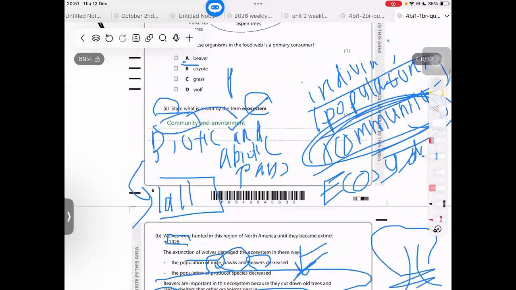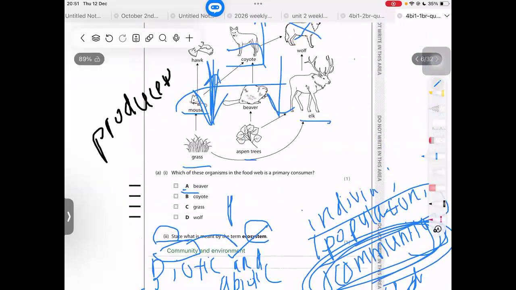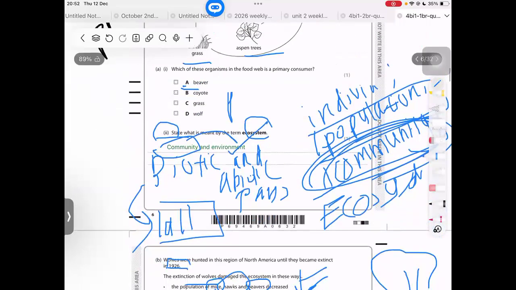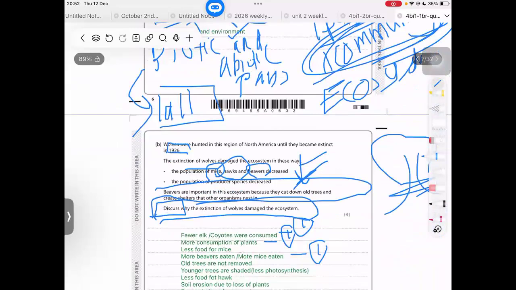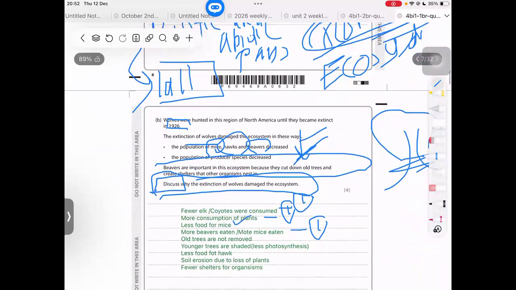And also, because the elks are eating the grass and the aspen trees, there will be little food for the mice and the beavers. You can look at this diagram and see everything. So there will be less food for mice and less food for the beavers. When you are writing this, you already have 4 points over here itself.